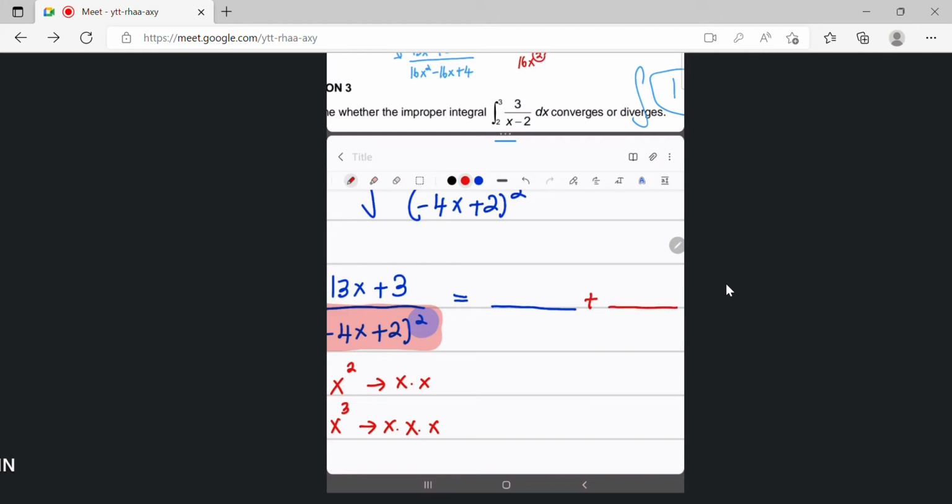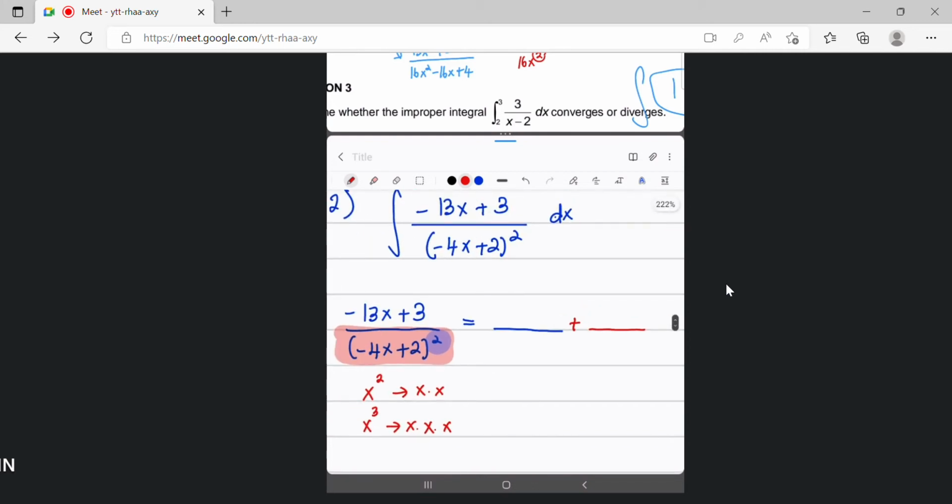So maksudnya dia akan ada 2 bracket. Okay. So, bracket, fraction number 1, kita akan salin dia punya function. Negative 4x plus 2 without the power. Kita tadi nak square kan? So memula power of 1, okay, yang kedua baru power of 2.